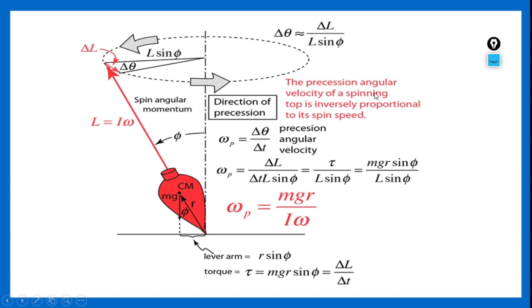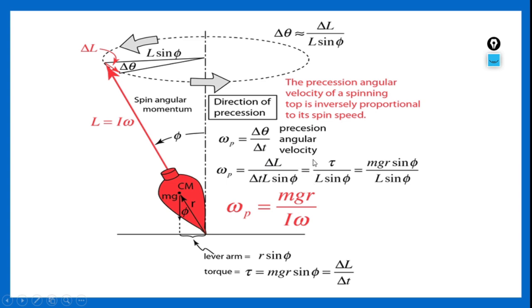So the precessional angular velocity of a spinning top is inversely proportional to its spin speed. Omega p is nothing but the precessional angular velocity. Omega p is equal to delta theta by delta t. Delta theta is the angle of precession, so omega p can be written as delta L by delta t into L sin phi.